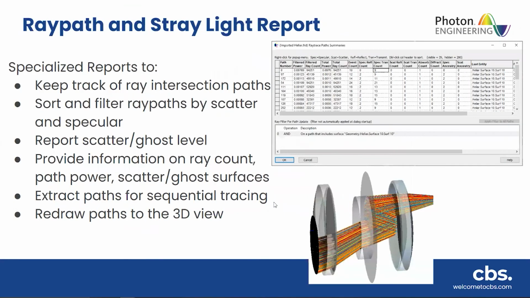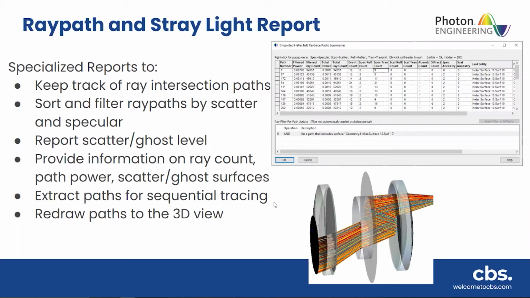Once the ray tracing is done, we also have some very nice tools to analyze what's happened within our optical simulation. So the Raypath and Stray light reports are specialized reports that help us to keep track of all of our rays, the intersection paths they took, the objects they hit, whether they were split, whether they were scattered. And essentially we can report on various different bits of data which are very interesting to us, and we can extract all of the information that we need.